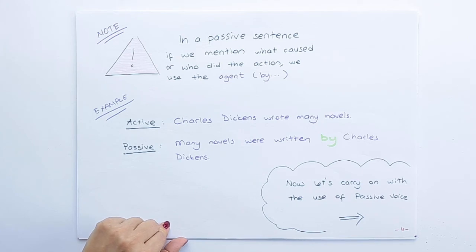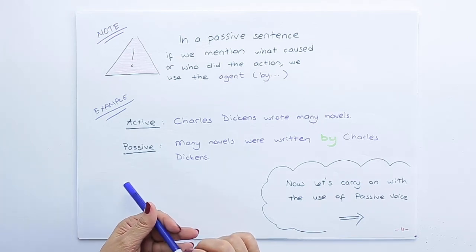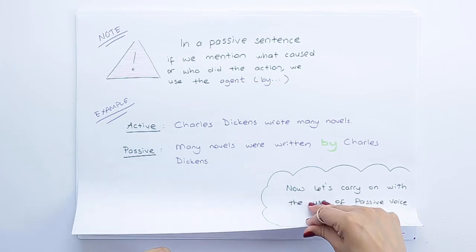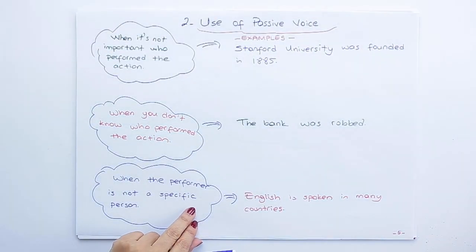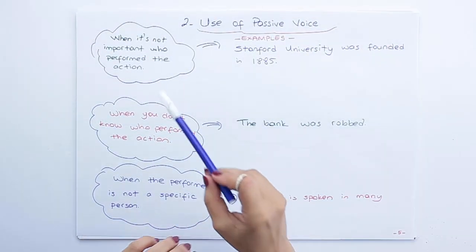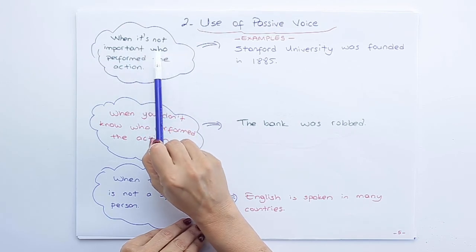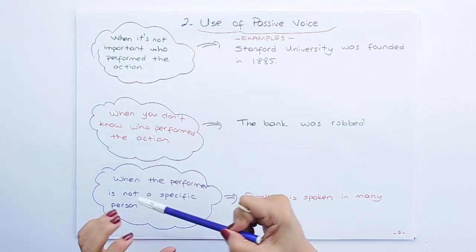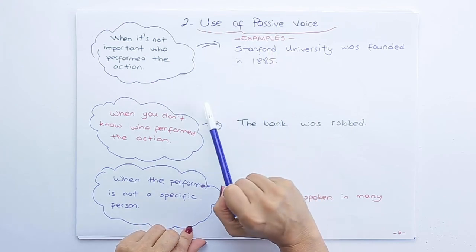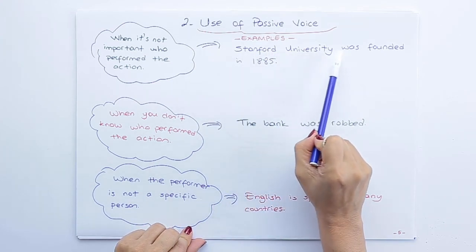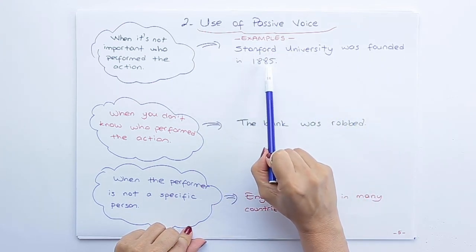Now let's carry on with the use of passive voice. Are you ready? Okay, here we go. When it's not important who performed the action. For example, Stanford University was founded in 1885.